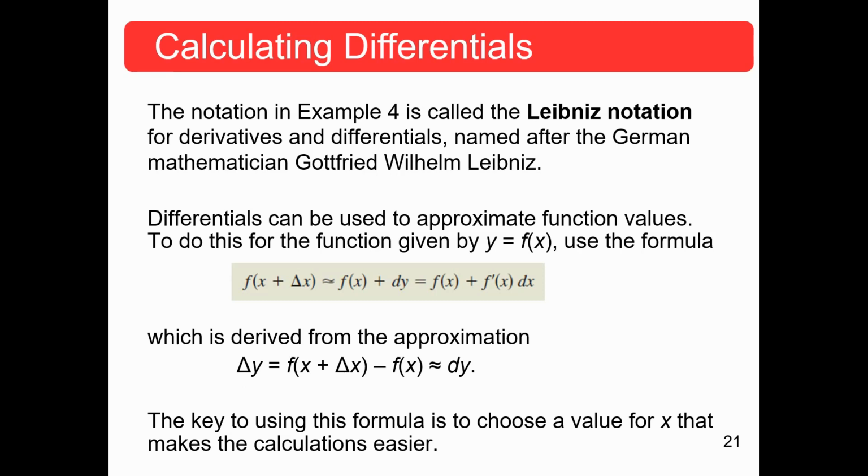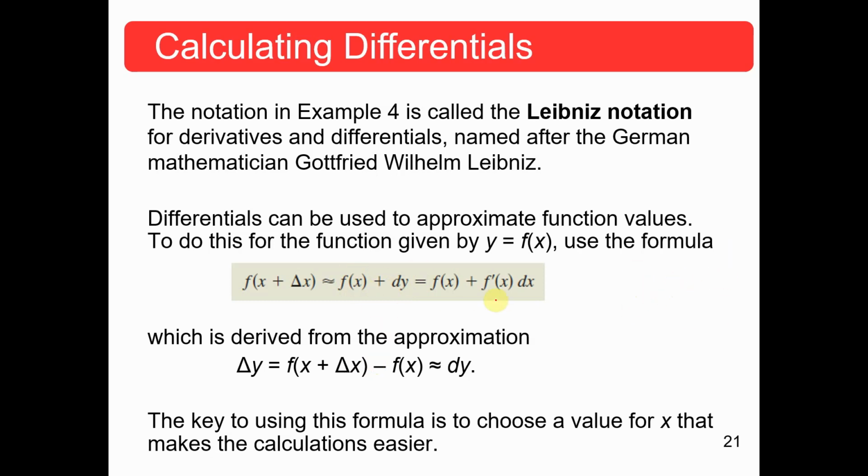So differentials can be used to approximate function values. Now to do this, we're going to go back and use this f of x plus delta x, right? So I know that f of x plus delta x can be approximated by f of x plus dy, right? Because remember, dy equals f prime of x dx. I'm not going to write it out for you.